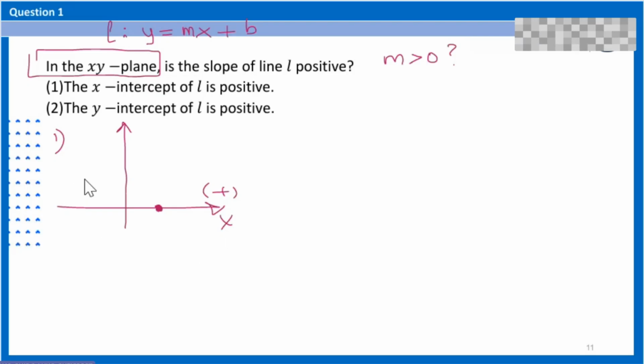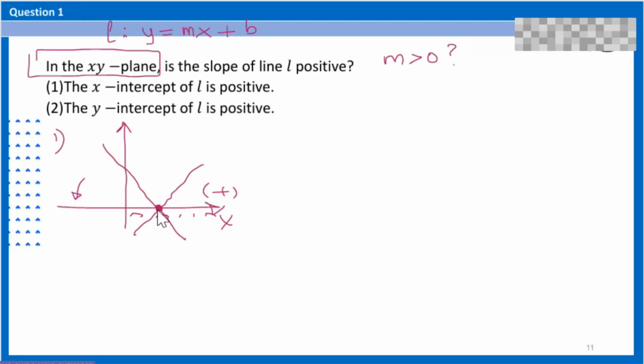It doesn't cross over here. It crosses only in this position. But does that tell you the orientation of the line? So, for example, you could have this line or you could have this line. Clearly, the information of the sign of the x-intercept alone doesn't tell you the slope of the line, let alone the sign of the slope.